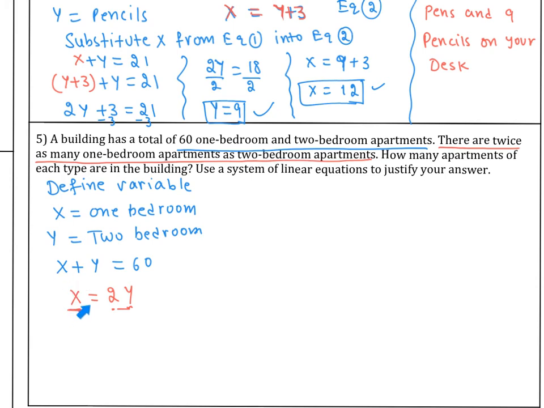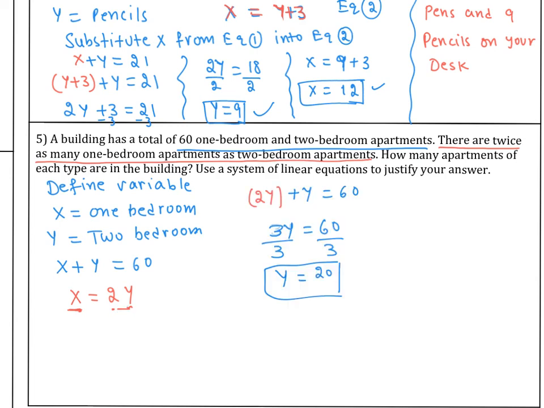So use x as 2y and plug it in for this x. You're going to get 2y plus y equals 60. So 2y plus y is 3y. 3y equals 60. Divide by 3 on both sides, you're going to get y equals 20.